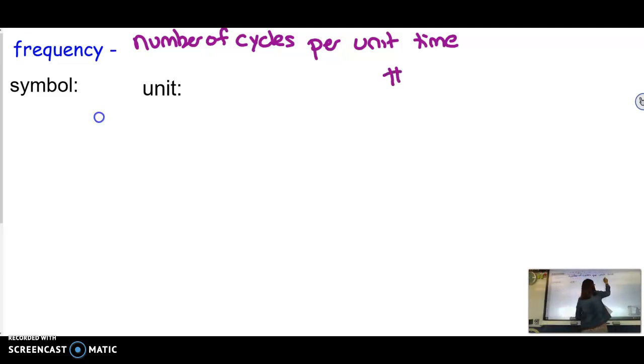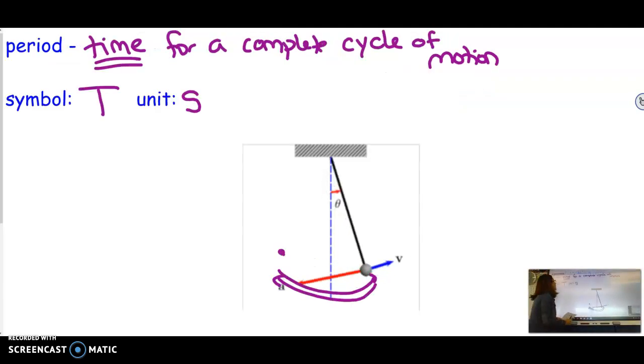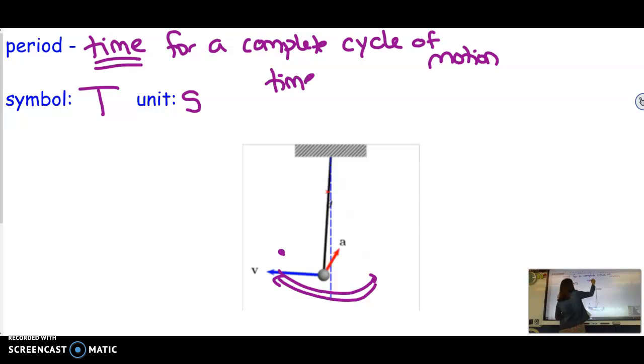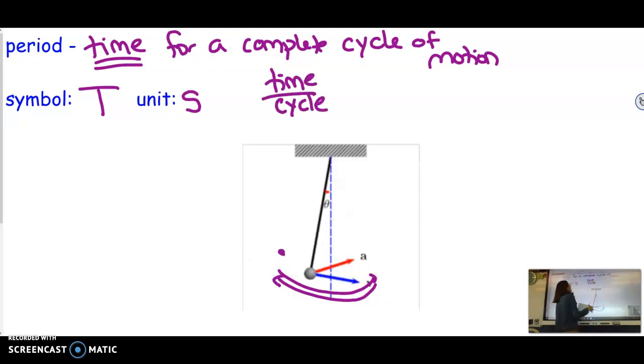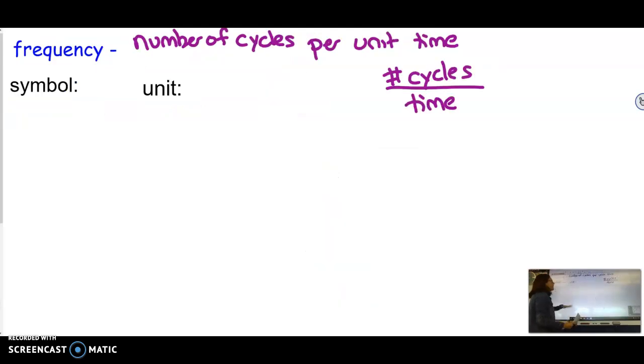So it's the number of cycles divided by the amount of time. So notice time is in the denominator this time. If I think about period, it was the time per cycle. So time was on the top, cycle was on the bottom. Frequency, it's the other way around. Cycles is on the top, time is on the bottom.